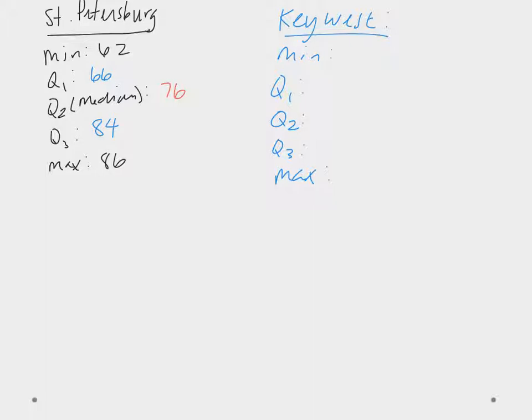Key West in order is, it looks like the lowest is 69, then 70, then 72, 75, 76 and 78, then 82s, 85, 86 and 87s.